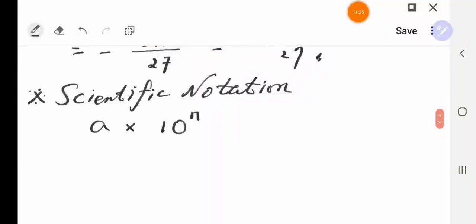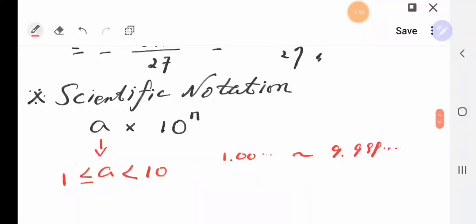Okay, next topic is about scientific notation. Scientific notation is written as some number a multiplied by 10 to the nth power. In this case, a is between 1 and less than 10. So a should be the number starting from 1.000 all the way up to 9.999 and so on.